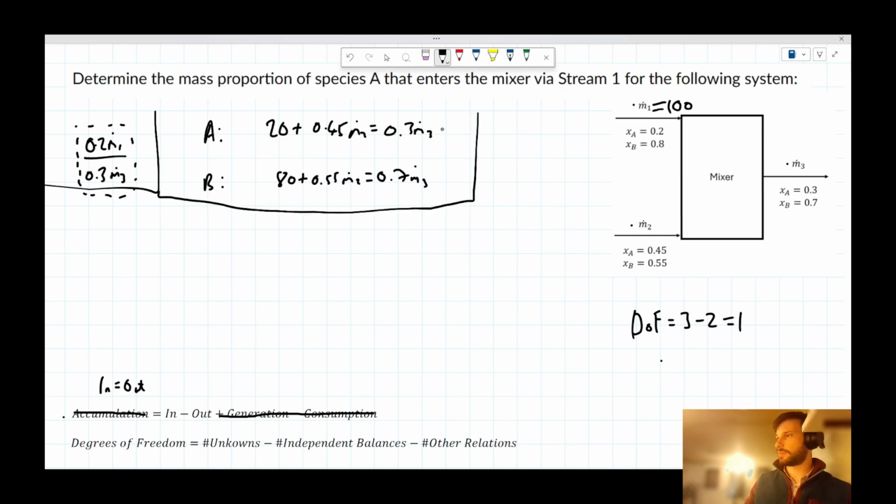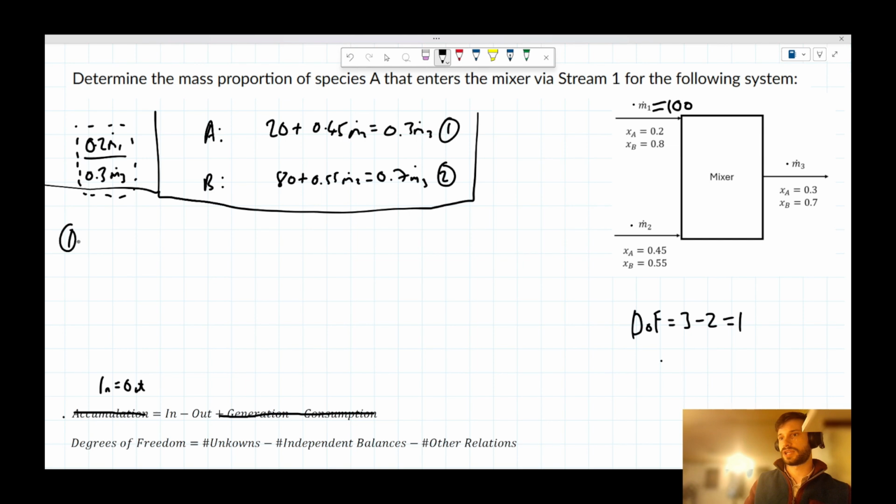So I could label this equation 1 and this equation 2. I'm going to divide equation 1 by 0.3, and I'm going to divide equation 2 by 0.7. In doing that, the coefficient of M3 will become 1 for equation 1, and 1 as well for equation 2, which will then allow us to eliminate M3 from our system of equations here.